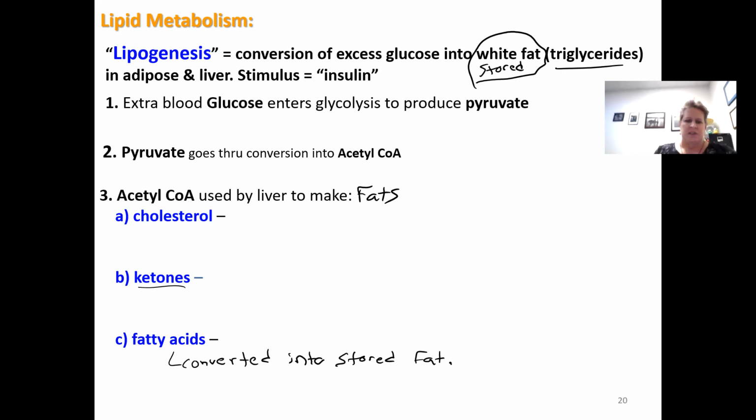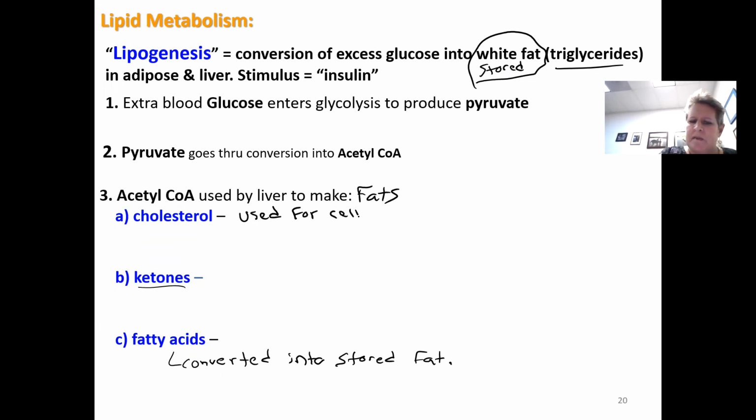Okay, so here's where I'm going to start to make some notes. Cholesterol is used for cell membranes. That's our phospholipid bilayer, and to make steroid hormones.